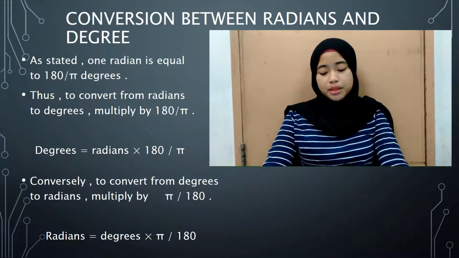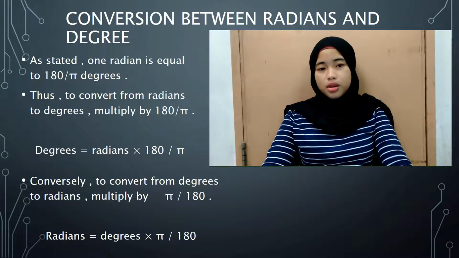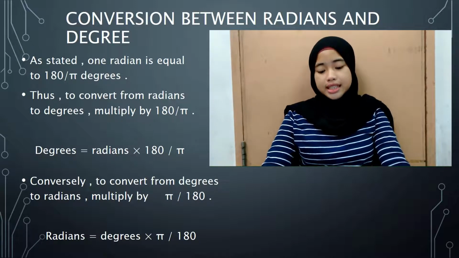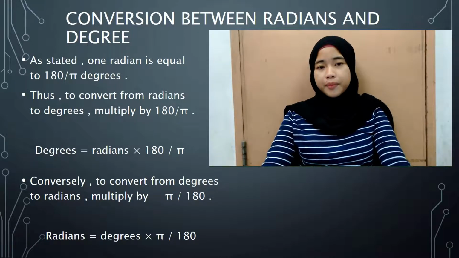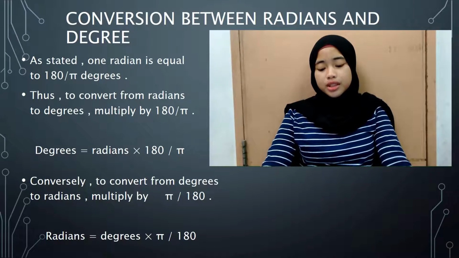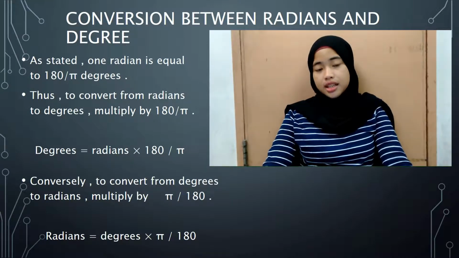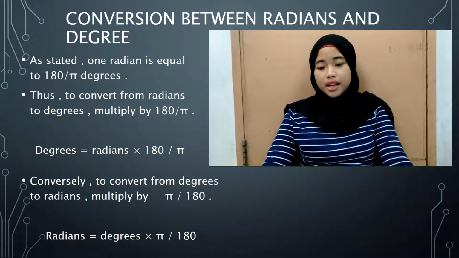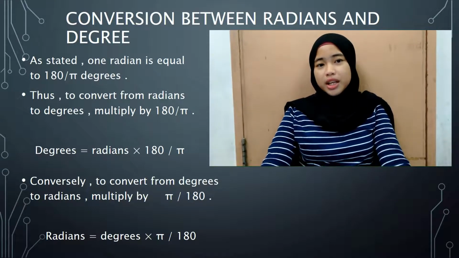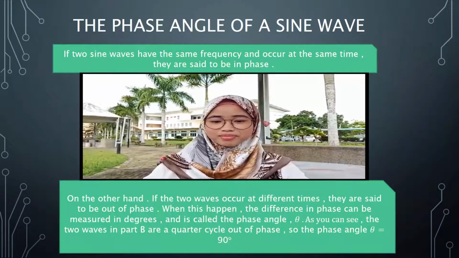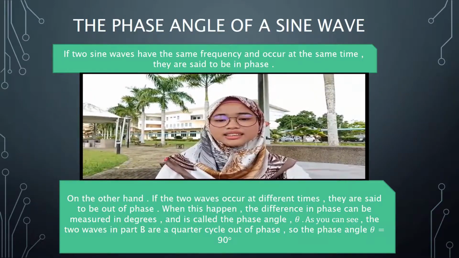The phase angle of a sine wave. If two sine waves have the same frequency and occur at the same time, they are said to be in phase. On the other hand, if the two waves occur at different times, they are said to be out of phase.